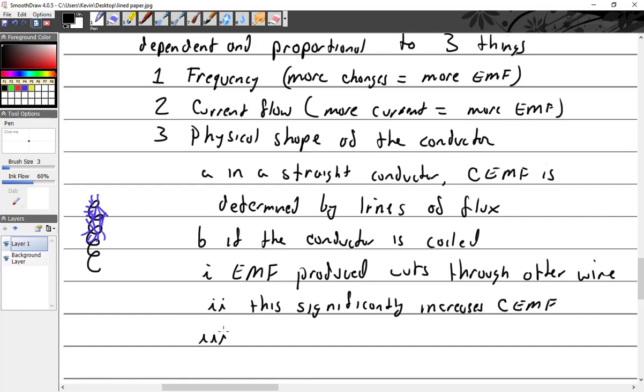So what if you have a bundle of wires together? Would that cause EMF on each other? Like a bunch of straight line wires all bundled together. In a straight wire, not that I know of, it is almost negligible.